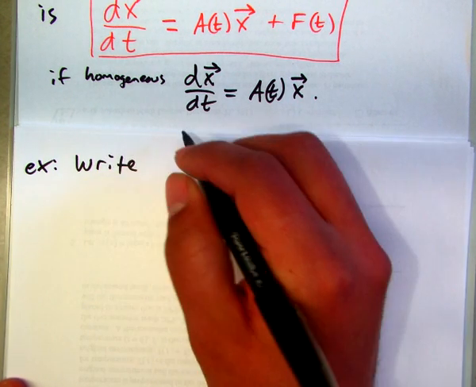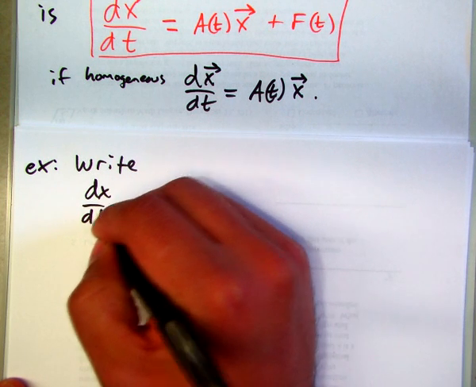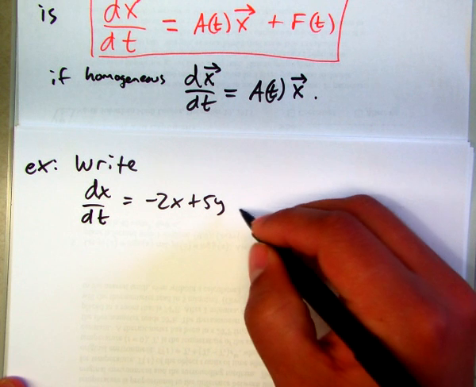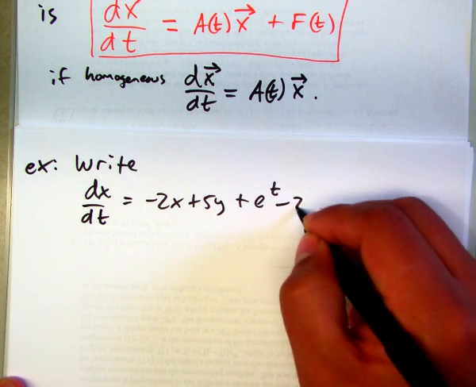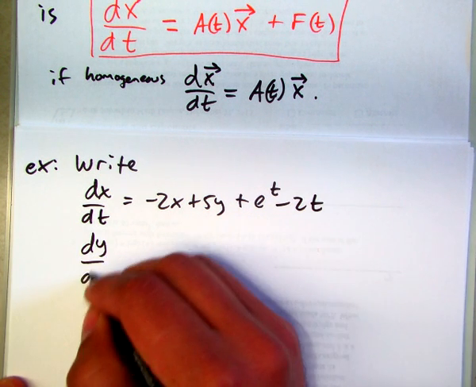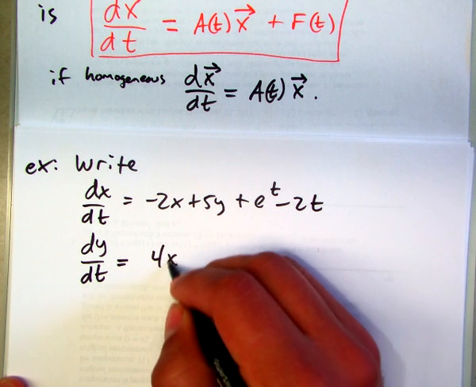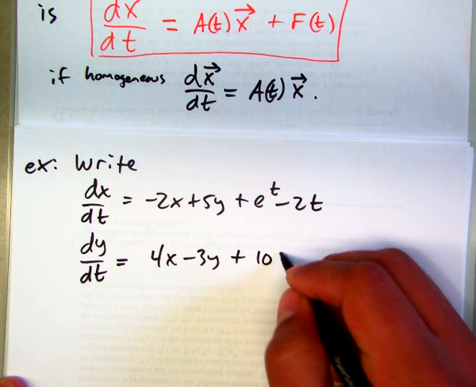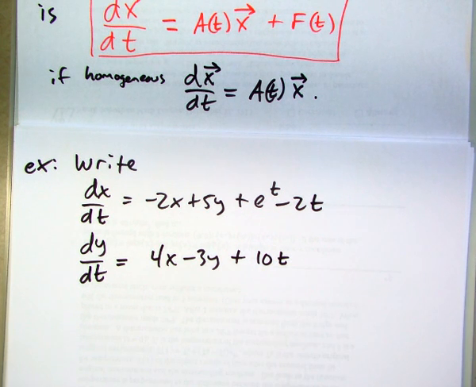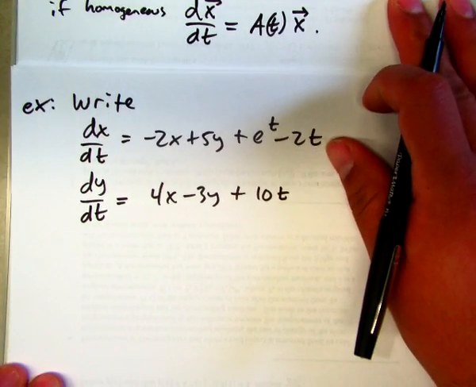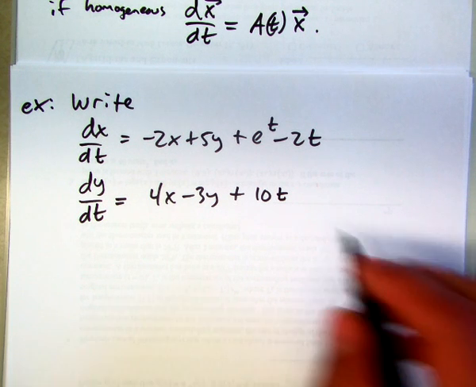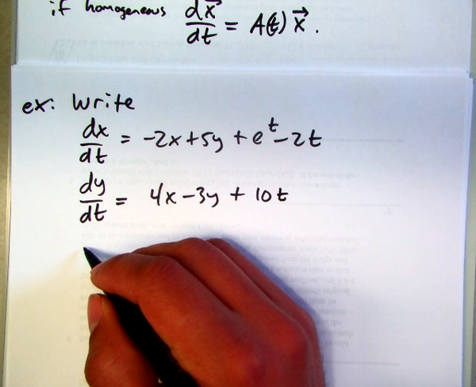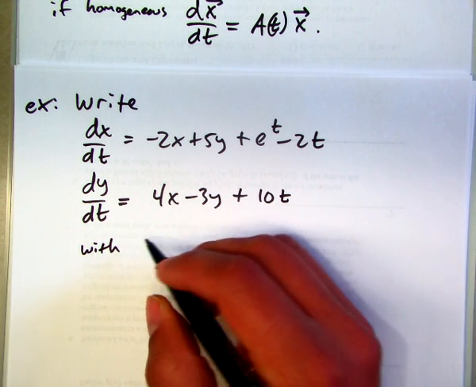Let's say we have dx dt equals minus 2x plus 5y plus e to the t minus 2t, and dy dt equals 4x minus 3y plus 10t. So we're going to write this system with the new notation.